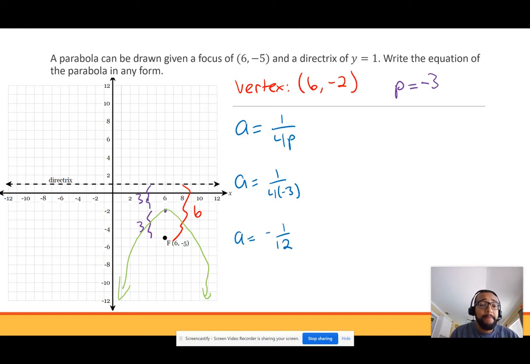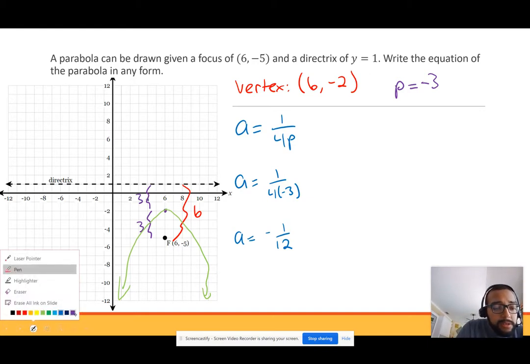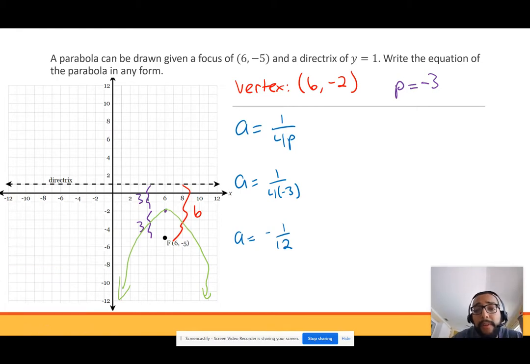It's negative again, because your focus is always on the inside of your parabola. If I graph this parabola, it's going to open down. So given all those things, we're going to write our final equation. y equals a times x minus h squared plus k.